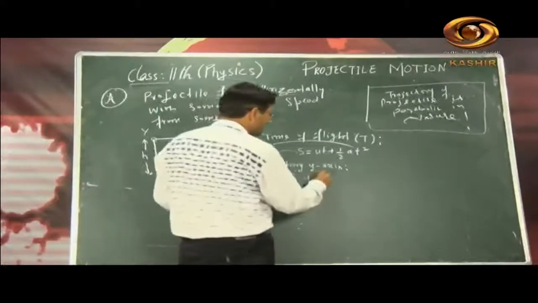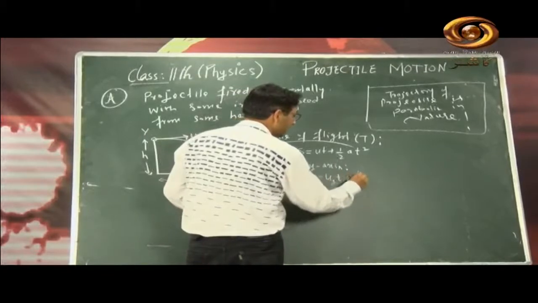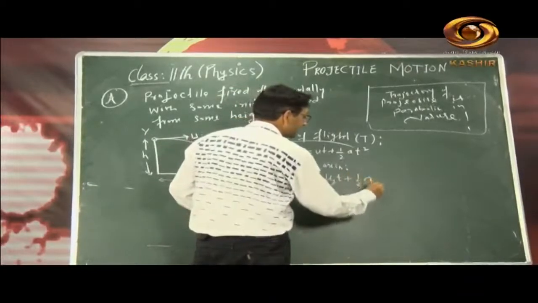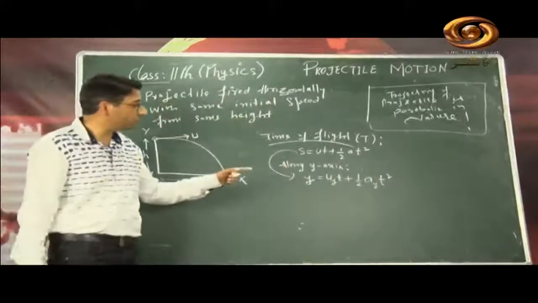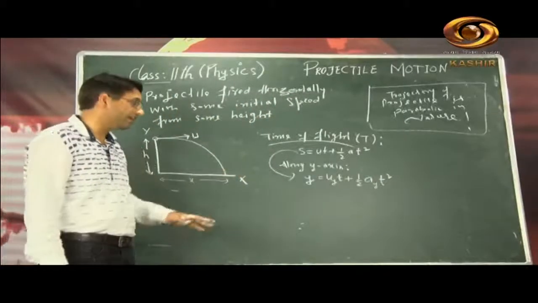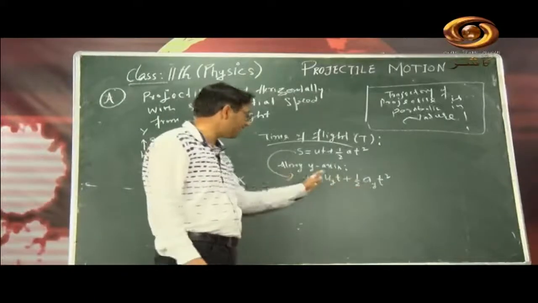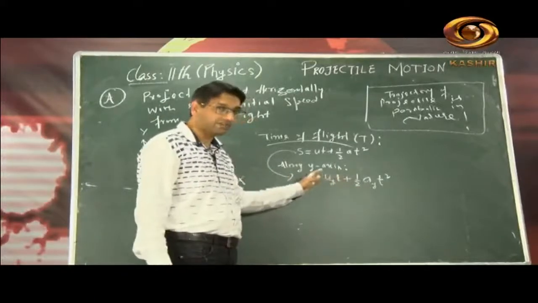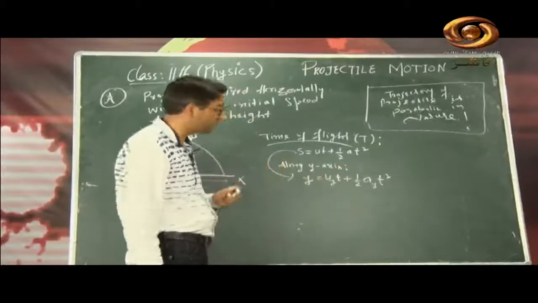So the initial velocity will be uy, the initial velocity along the y-axis, this is t, and this is half of ay, the acceleration along the y-axis, times t square. So y is equal to uy t plus half of ay t square. This is one of the equations of motion, the displacement along the y-axis for our projectile under discussion.